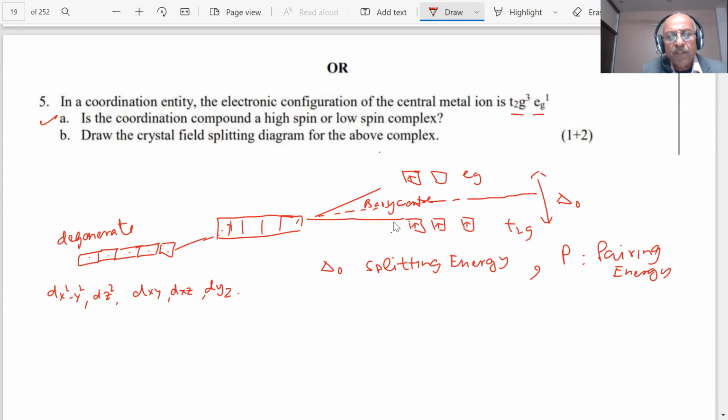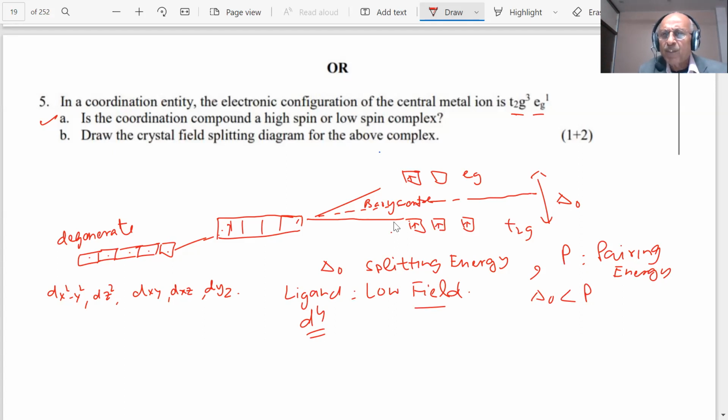If the ligand is a low field ligand, then the splitting energy is less than P. Splitting energy is lower, so pairing does not take place. The next electron, this is d4, goes to the higher eg, it does not pair up.